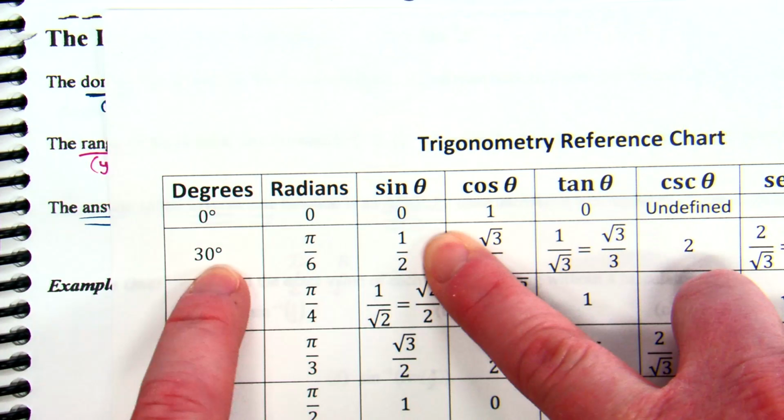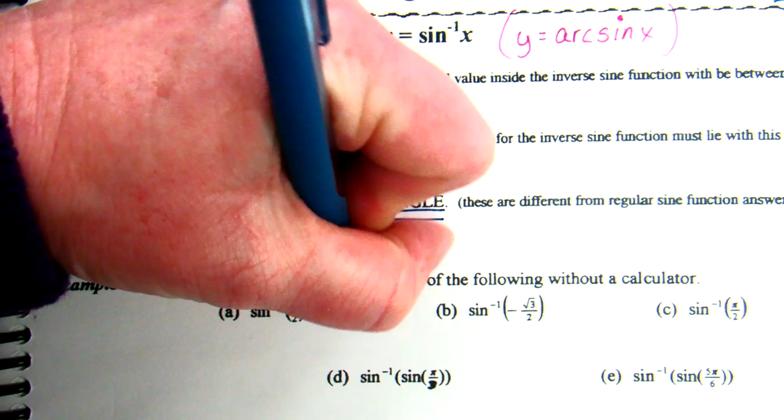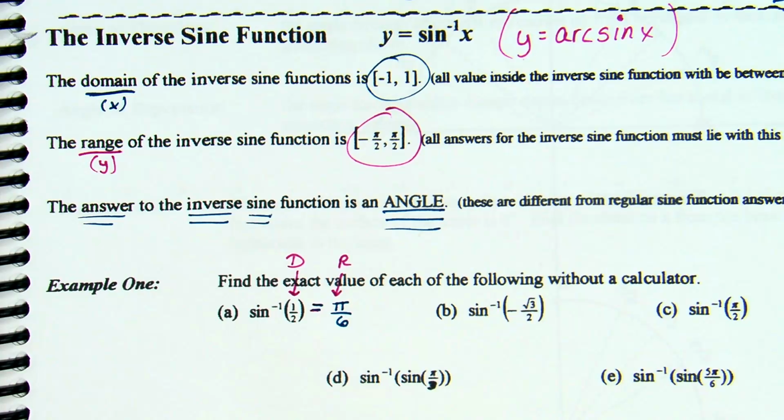What is that in radians? Pi over 6. I'm going to give my answer in radians. Because it was positive 1/2, I'm going for just a typical quadrant 1 answer. And A is done.